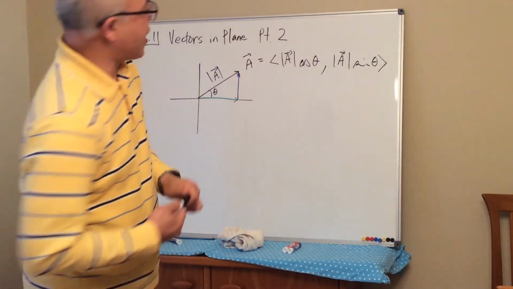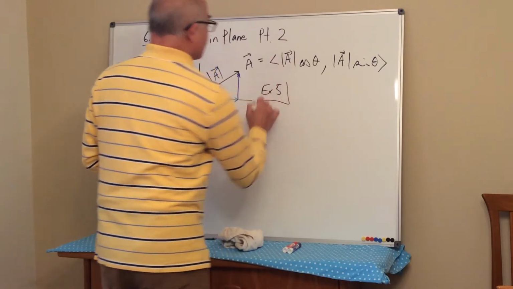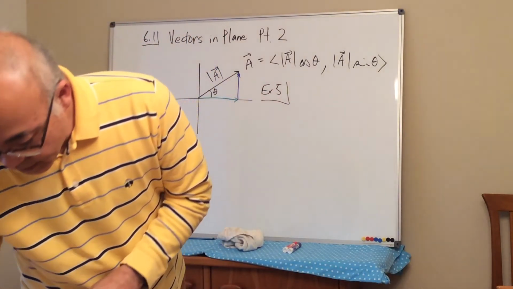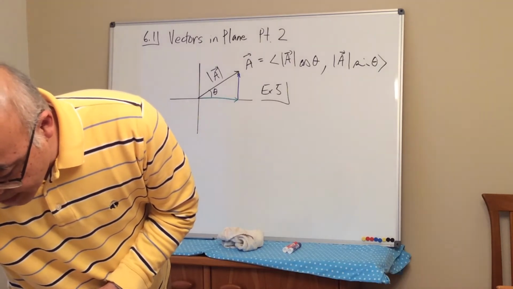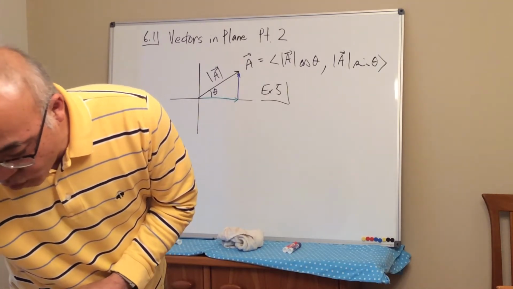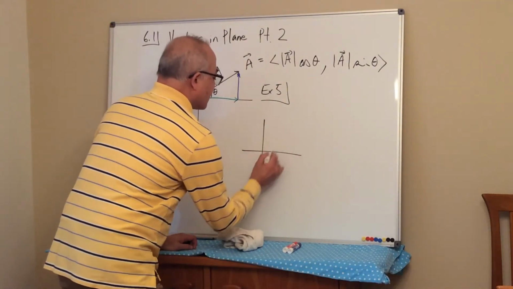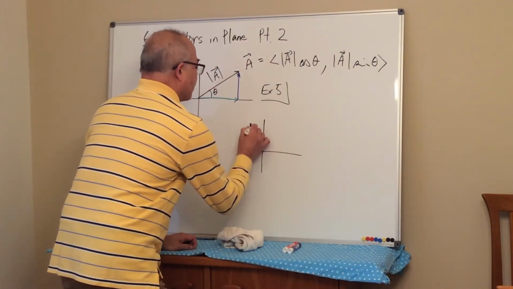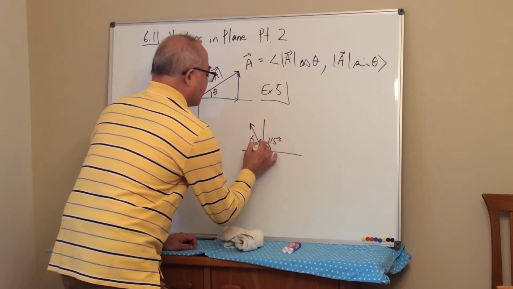Go to example number 5 and see if we can do example number 5. Example number 5 says, find the components of vector v with a direction angle of 115 and a magnitude of 6. So I have 6 with a direction of 115 degrees, like that.